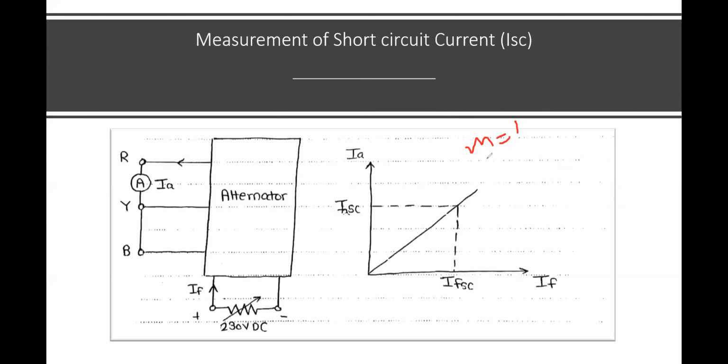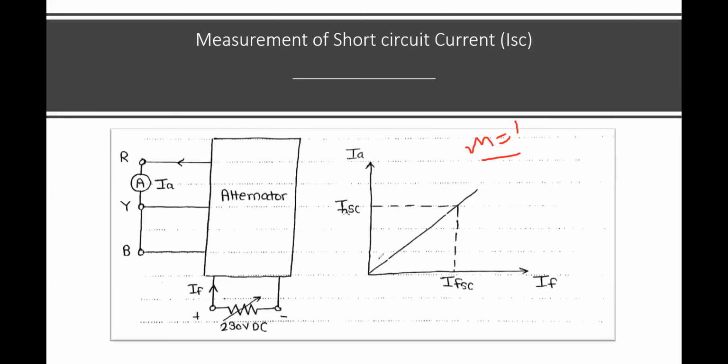Now tell me why 1. This is the mathematical concept: first thing, this is a linear graph. Excellent answer. Carefully observe, the graph and the nature of the graph are very important.